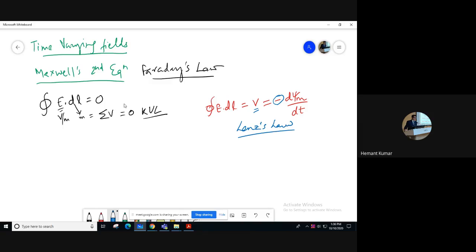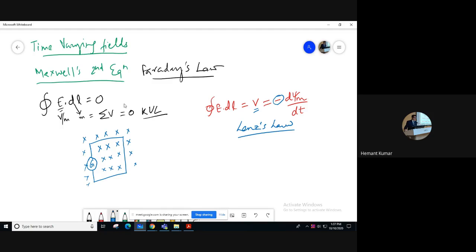So what I mean is, if there is a closed conductor, suppose this is a galvanometer or any resistance, and there is some magnetic field, so it is placed in some magnetic field. Cross means the magnetic field is into the paper, right?